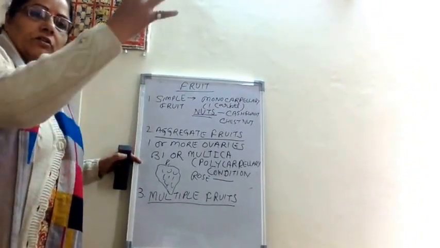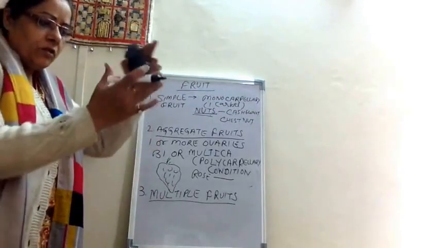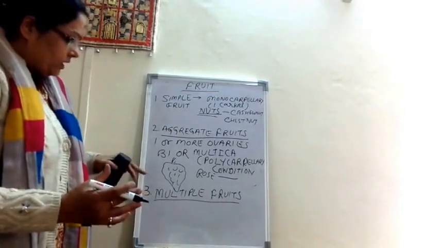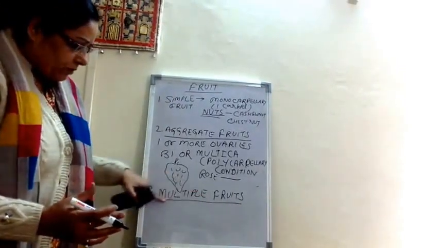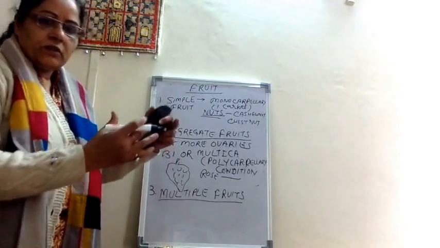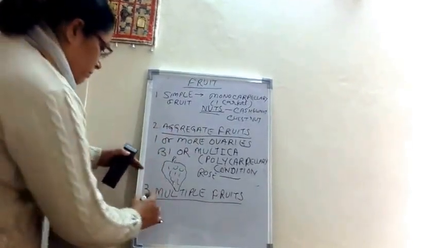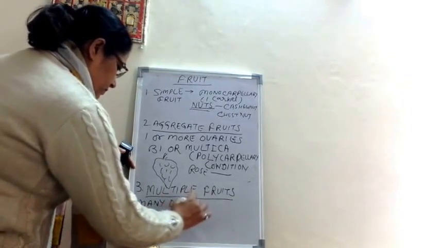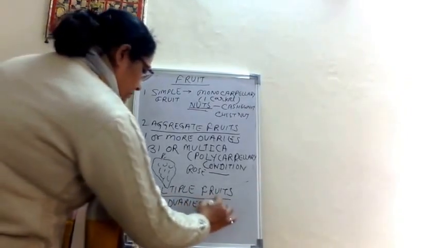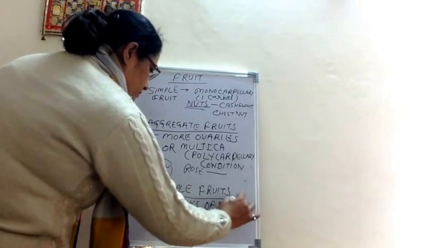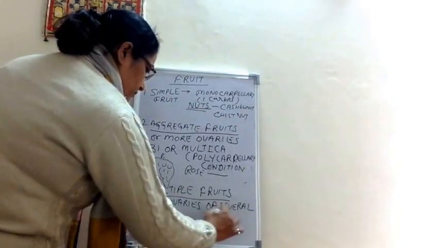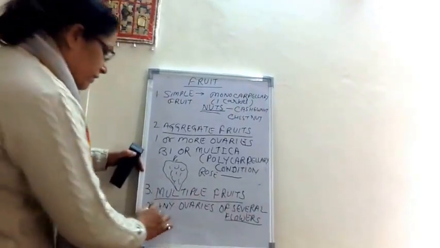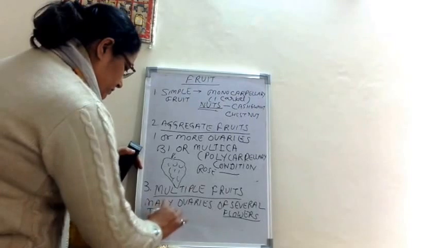Inflorescence means a group of flowers, the whole branch with flowers. So they are produced from the inflorescence, meaning from many ovaries of several flowers. The whole inflorescence develops into the fruit.